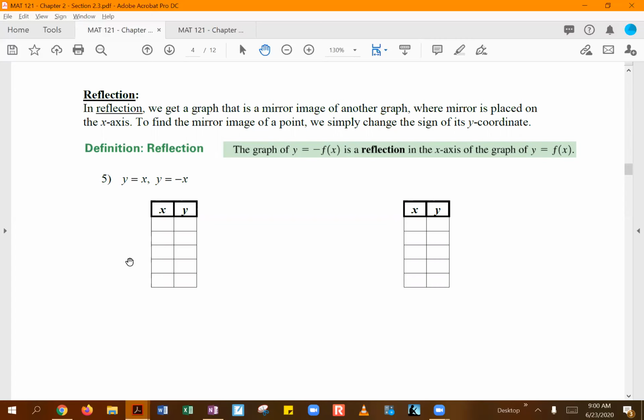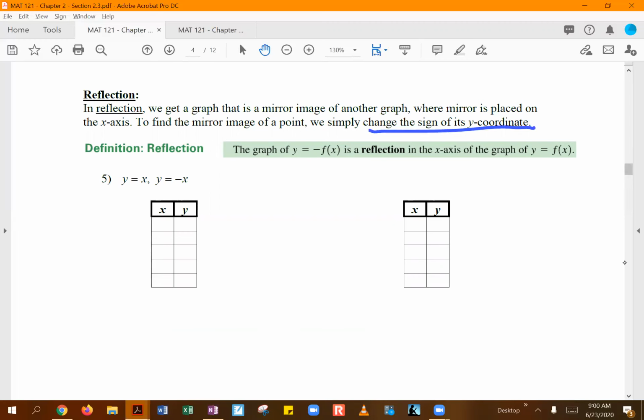So to find the mirror image of a point, we simply change the sign of the y coordinate. And that basically comes from having this little negative applied in front of your function. So if your original function is y equals f of x and you just put a negative in front of the function, that's what basically creates a reflection.